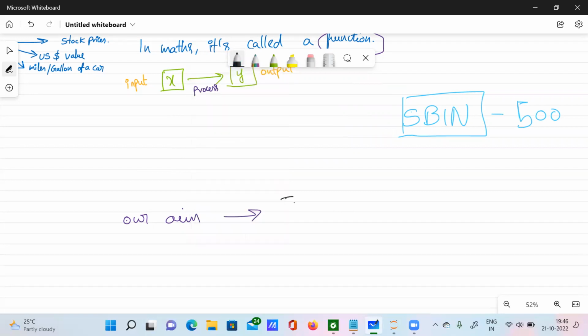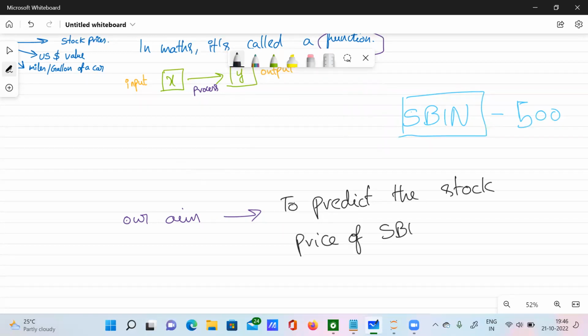Our aim is to predict the stock price of SBIN in the coming 1 year.